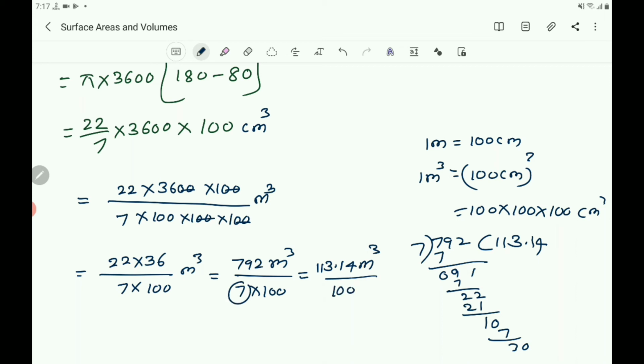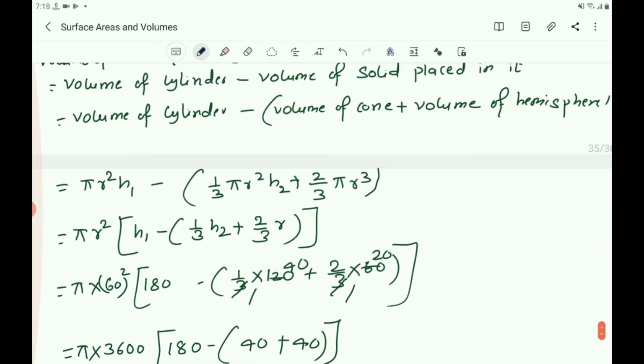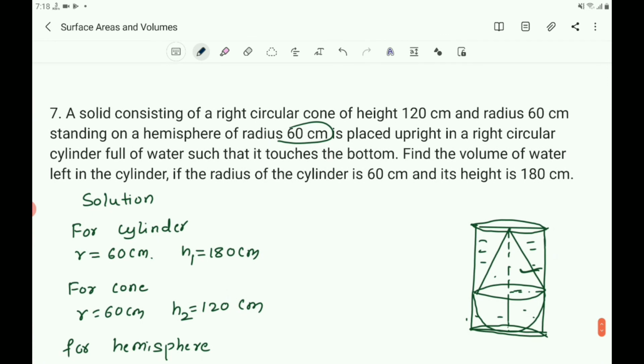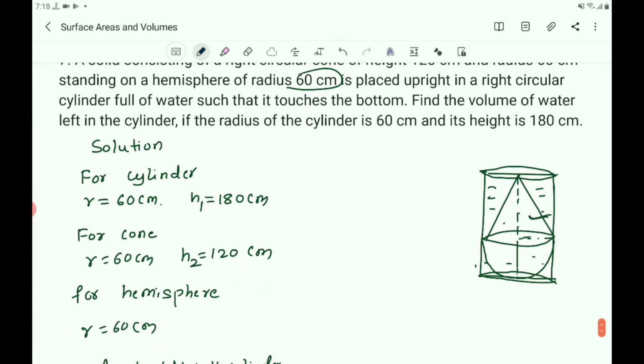You divide it by 7, so you leave the 7. Then here, as there are 2 zeros, you shift the decimal point to the left side by two places. That becomes 1.1314 m cube. That is what? That is the volume of water left in the cylinder.